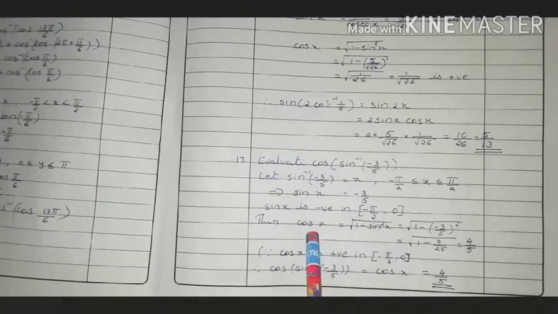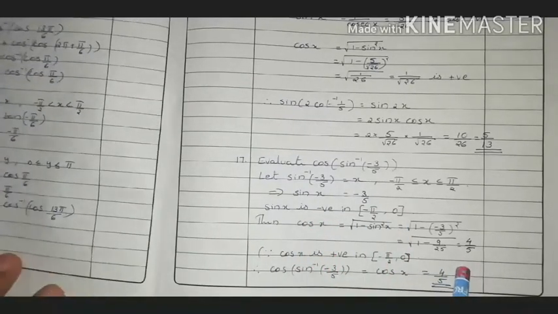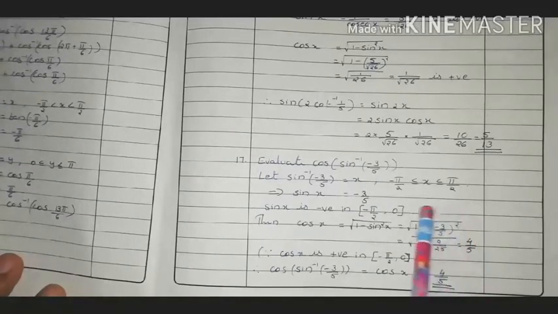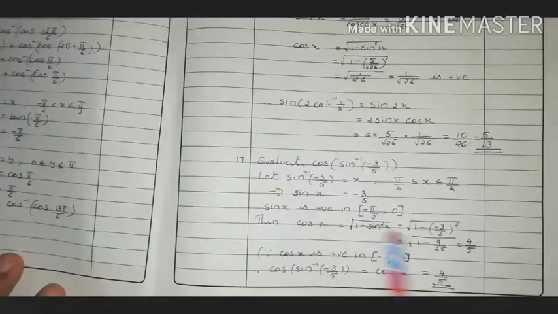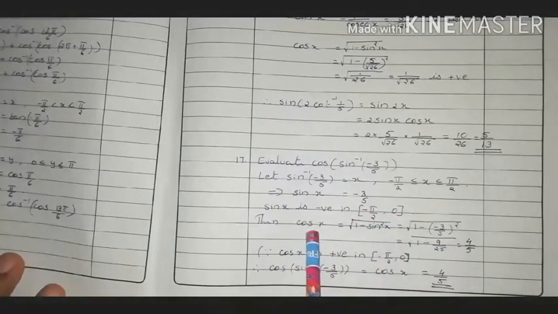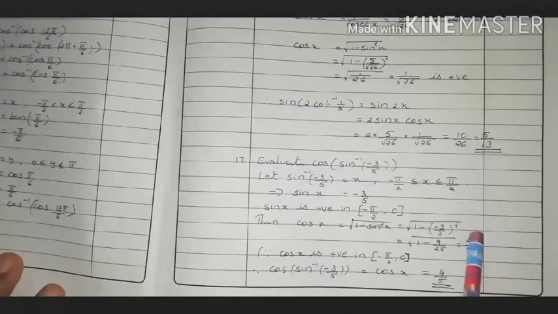Then we can find cos x. Cos x is equal to 4 divided by 5. In this interval, which is the fourth quadrant, we know that cos x is positive. So we want to take the positive value here, 4 divided by 5.